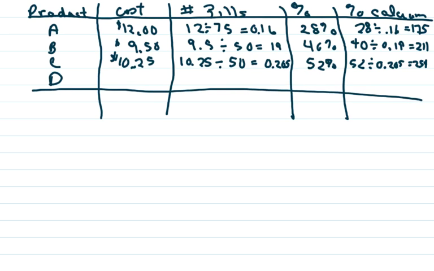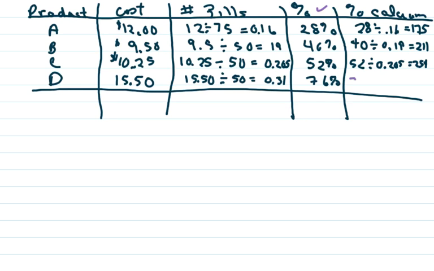And then for answer D, do one more. That was $15.50, the cost per bottle. So the cost per pill would be $15.50 divided by 50, which equals 0.31. The 76 comes from your bar graph that I did for you.